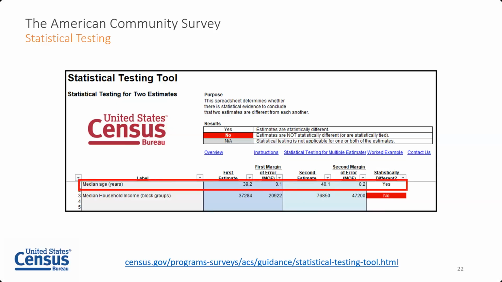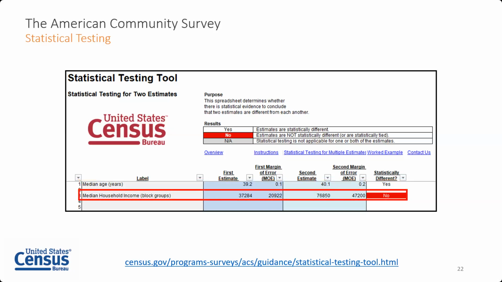So in the first row, I've input our median age estimates and their corresponding MOEs into row 1. With a yes in the statistically different column, the spreadsheet confirms our results that the estimates are in fact statistically different. Now, I've also input the hypothetical block group level median household income estimates in row 3 that we looked at before.